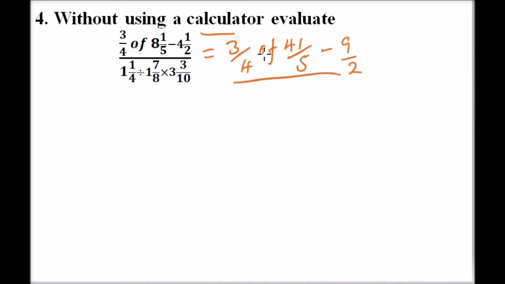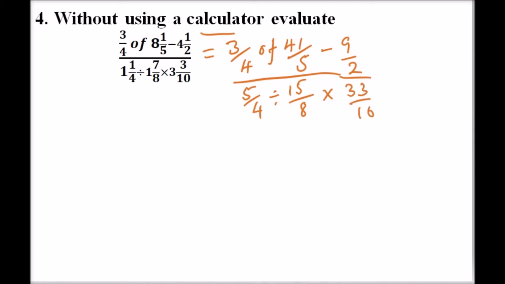All this is divided by 5 over 4 divided by 15 divided by 8. Then you multiply by 33 divided by 10.